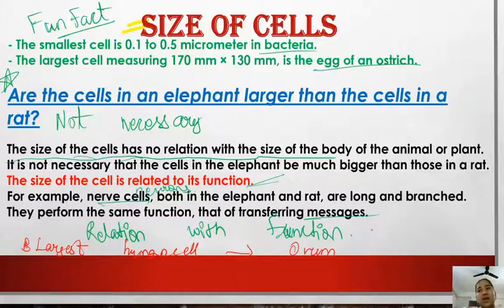And this is a task for you all: which is the smallest human cell? You can consider this a kind of homework also. I want the answers in the comments box. I expect more answers to it, and then I will tell whether it's right or not.